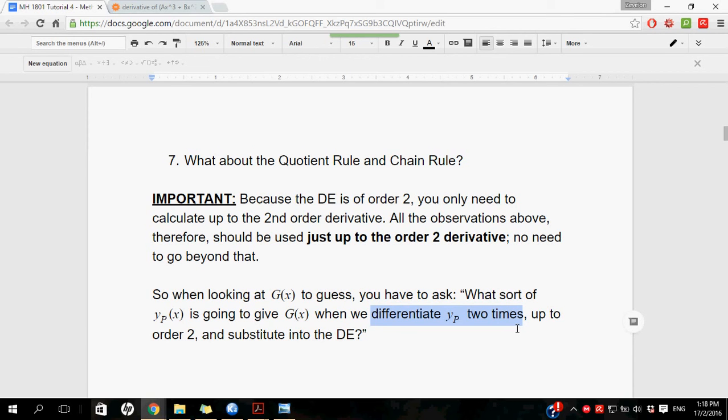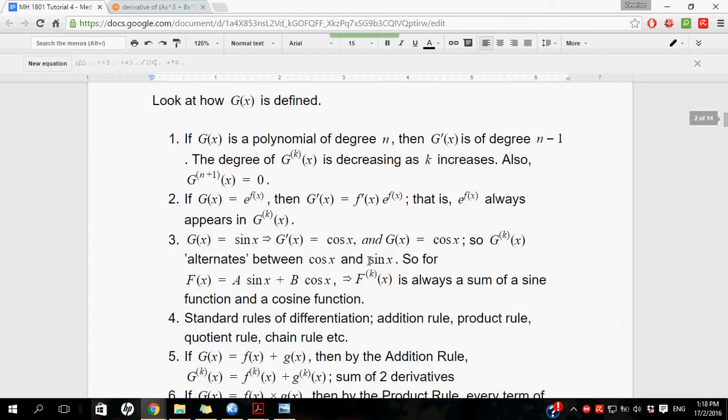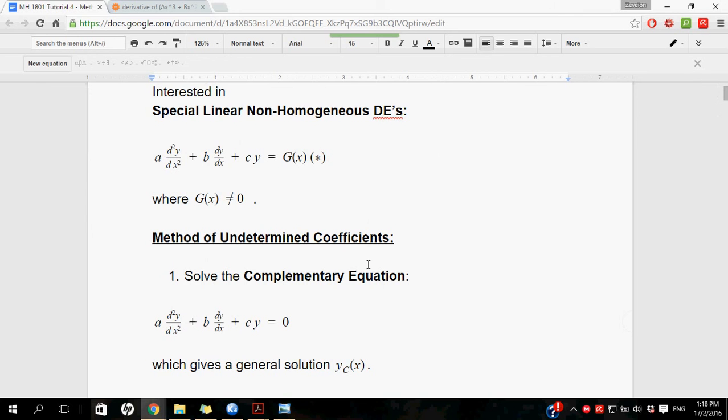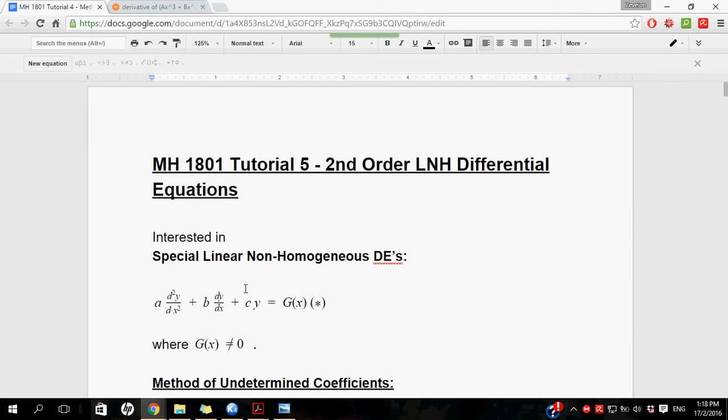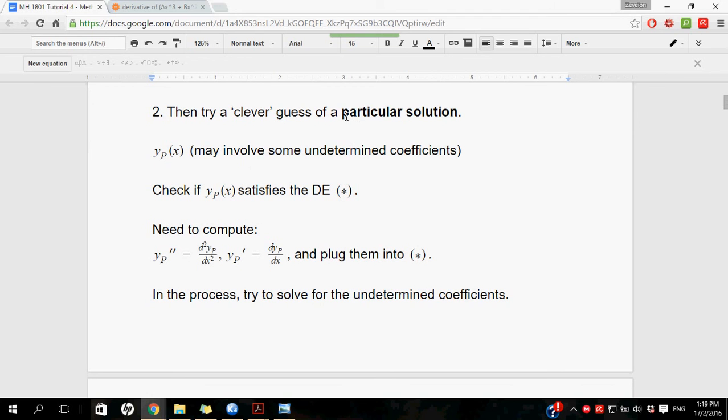So the key thing to note is that we just need to stop at order 2, and we should be thinking about what happens when we substitute yp into our expression in star to produce on the right hand side g of x. These will help us to formulate good choices for a particular solution yp, and it will help us to solve the questions in this tutorial.